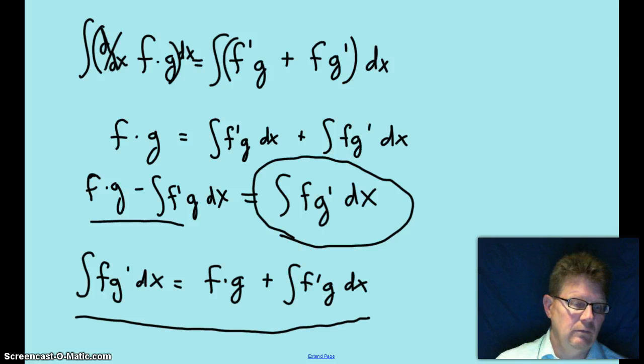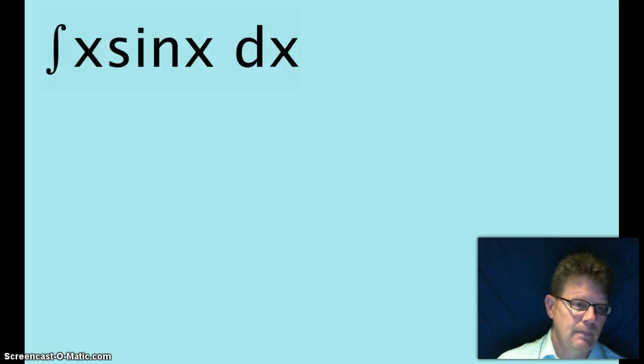So let's see here. Here's a perfect example. The integral of x sine x dx. What we're going to say is, here's our f, and this is our g prime.